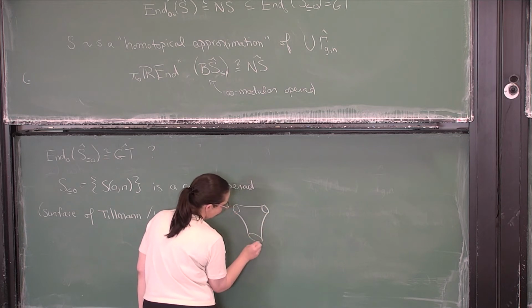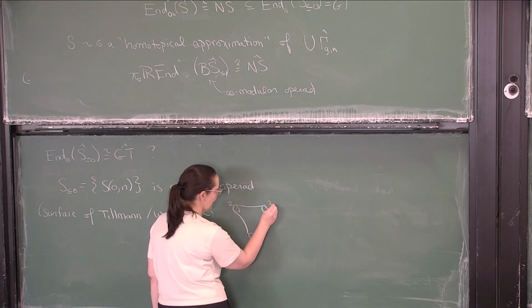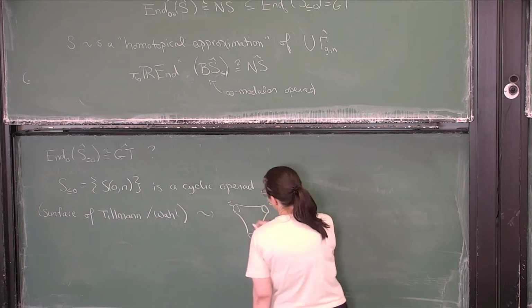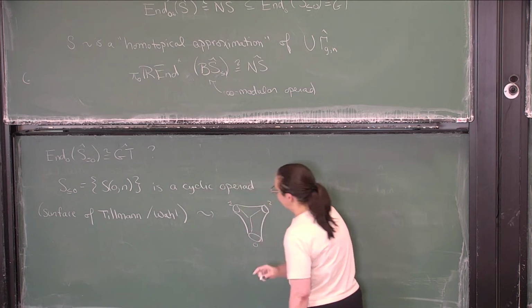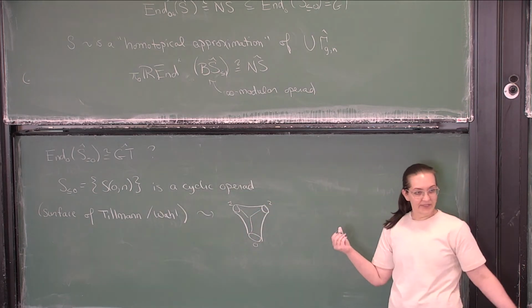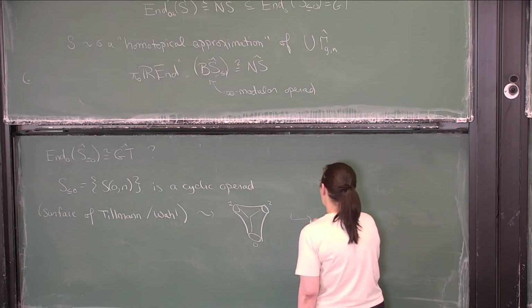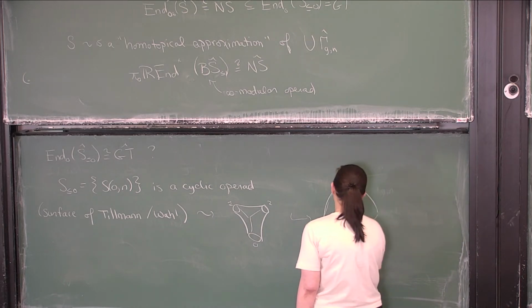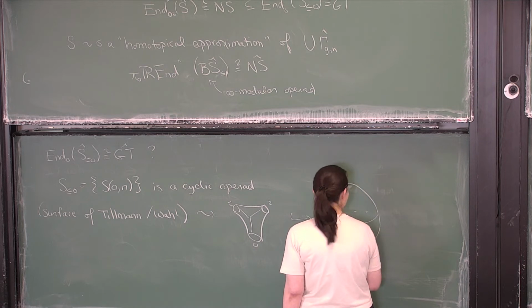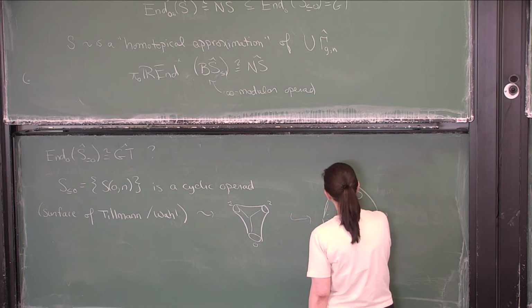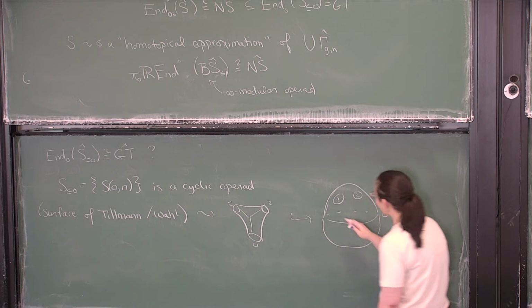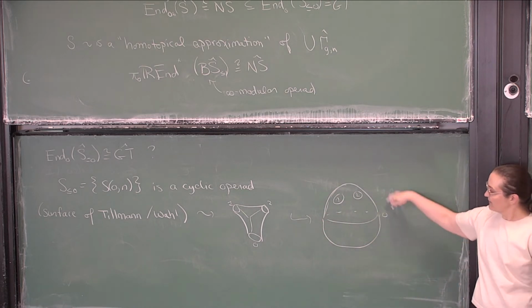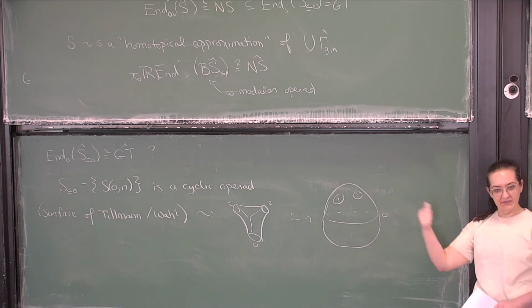You can look at how your pair of pants, their surface, is just one generating object. You can map this now to the beautiful sphere that I just put here, into the top hemisphere of the sphere, and define a cyclic action on it.